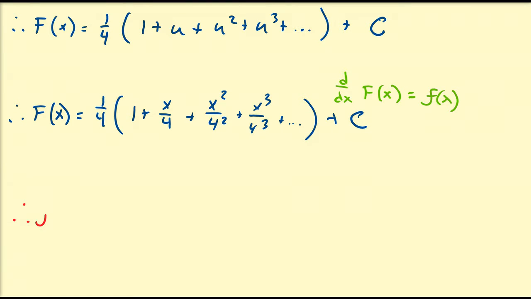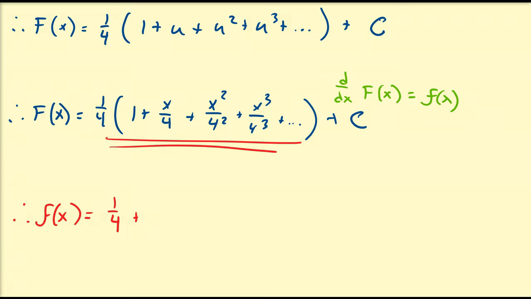Then little f of x is going to be the derivative of this expression. So the derivative of 1/4 times 1 is going to be 0. The derivative of x over 4 is going to be 1/4, plus the derivative of x squared, which is 2x over 4 squared. And then we're going to have 3x squared over 4 cubed. And then what would be next in the sequence?